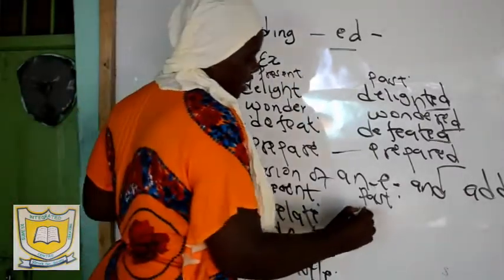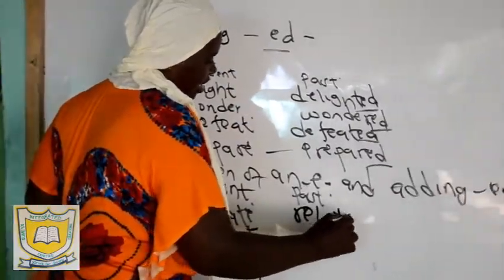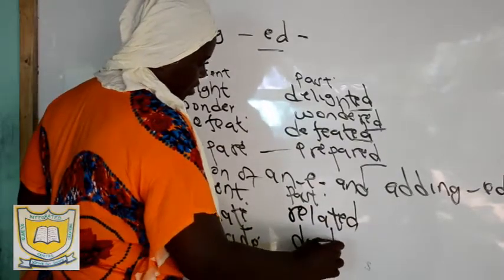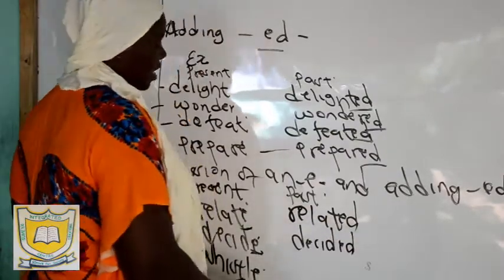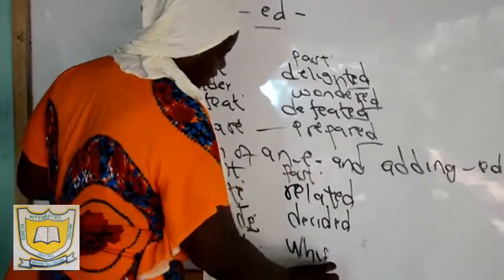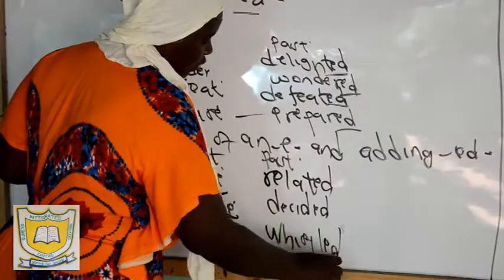So you have relate, the past tense is going to be related. You have decide, the past tense is going to be decided. And then you have whistle, the past tense is going to be whistled.